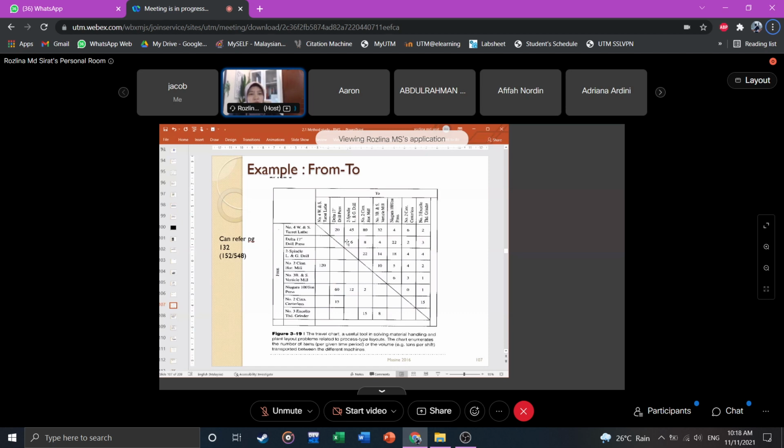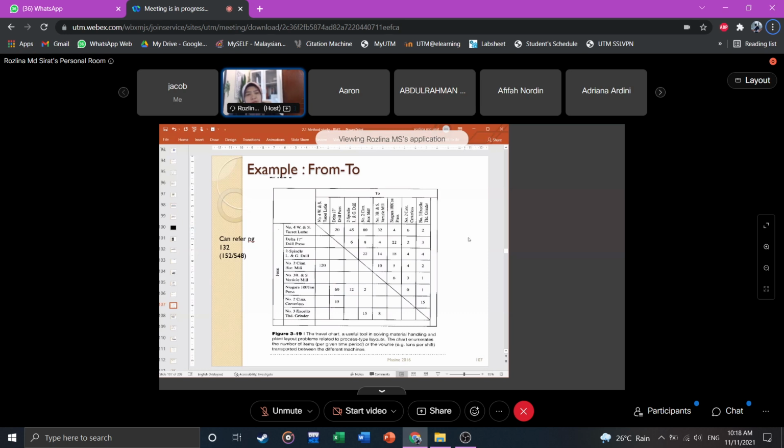Then you have to know the frequency of load moving from turret lathe to drilling, to vertical milling, and so on. When you know the frequency of the movement, you multiply the distance by the frequency of load.